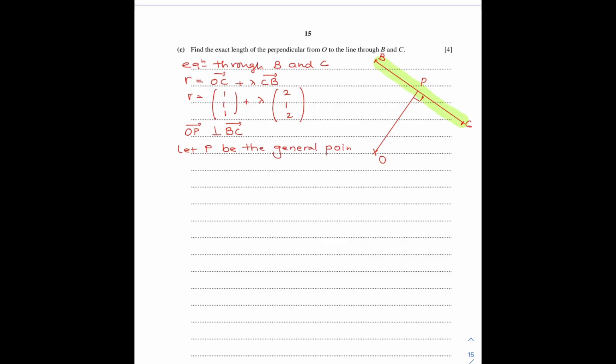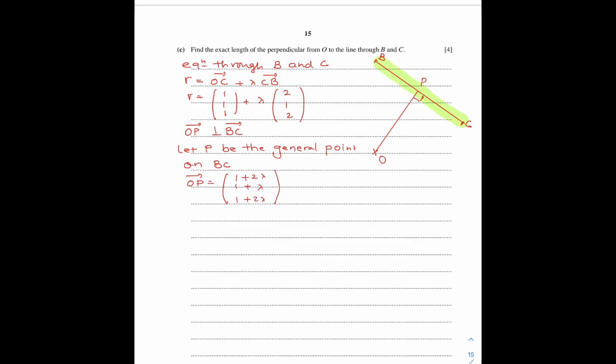Now since OP is perpendicular to BC, let P be the general point on BC.